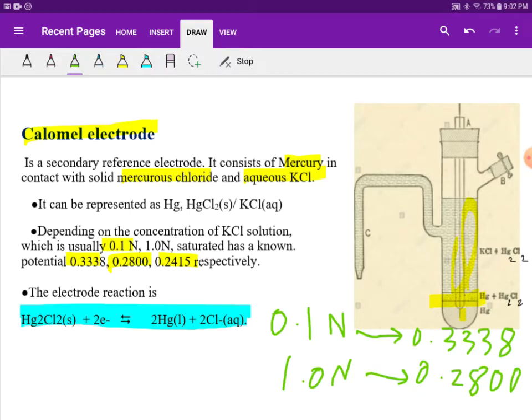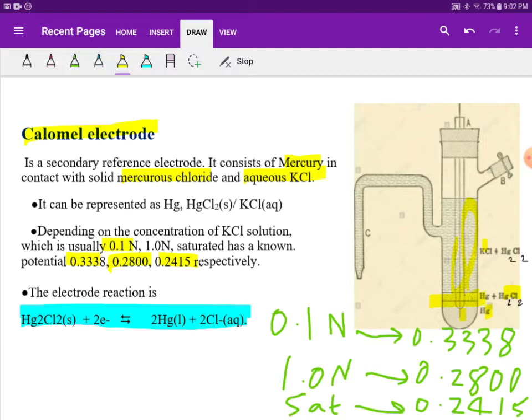And if it is a saturated solution, then the value is 0.2415.